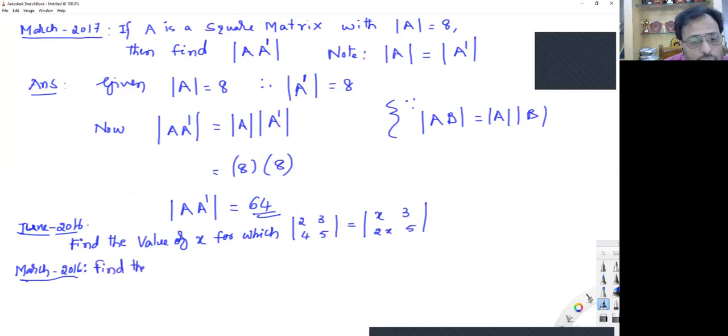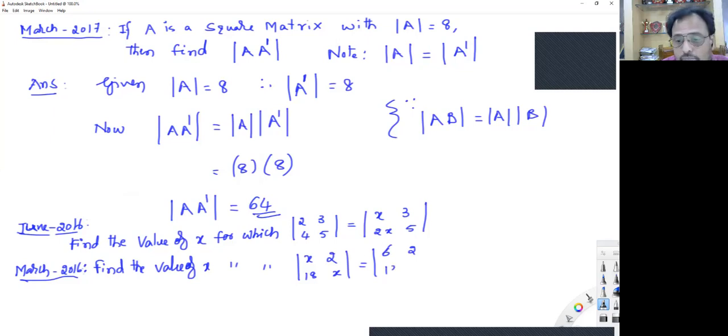Find the value of X for which determinant of X, 2, 18, X is equal to determinant of 6, 2, 18, 6. Every year, every time, these are the examples they are giving. Same nature, 1 mark question.